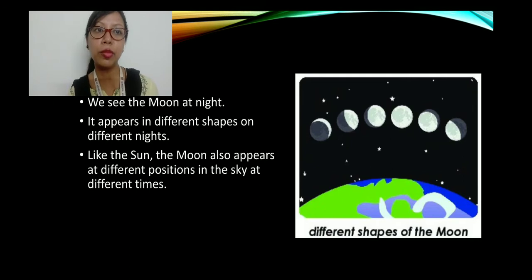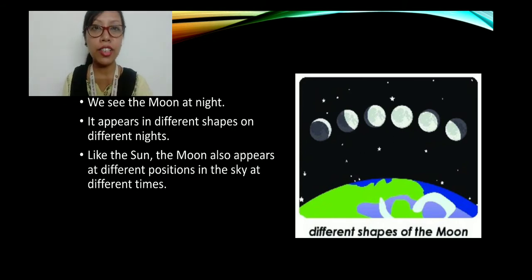You will see that the moon changes its position as time passes. It changes its position in the sky, and if you look every day, you will notice that the shape of the moon changes. Sometimes it is full, sometimes it is half, sometimes it is a very thin crescent.